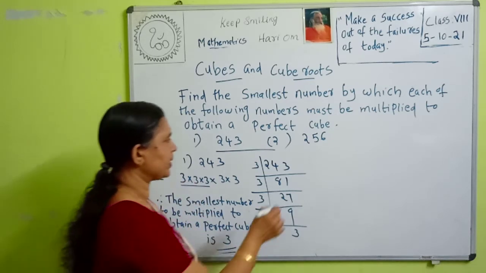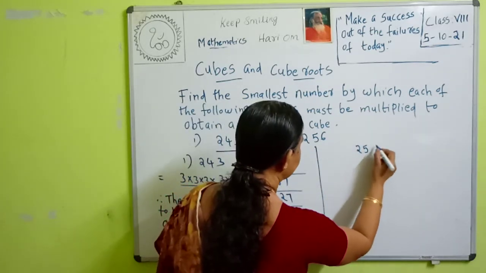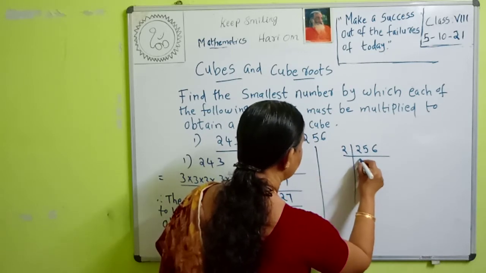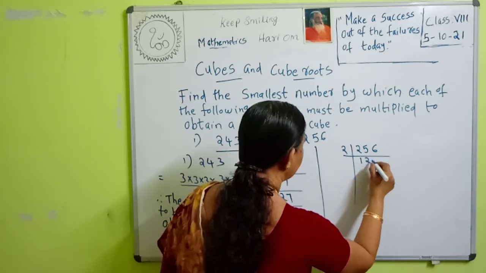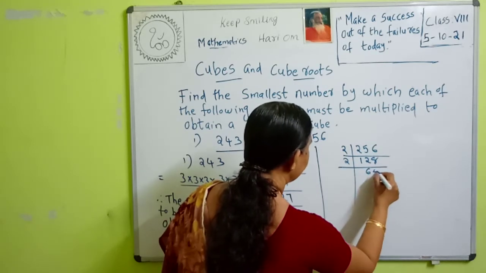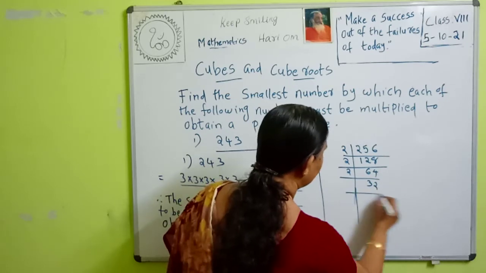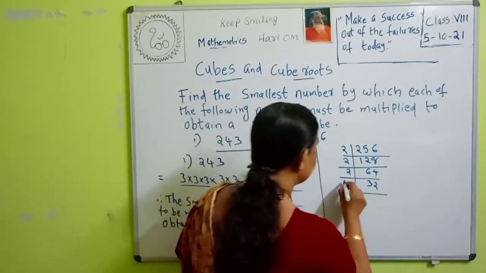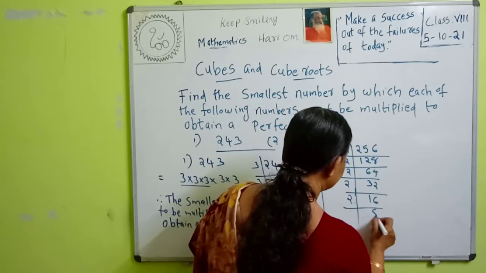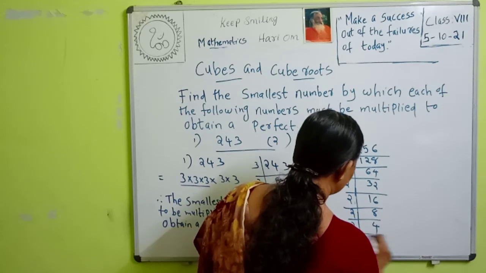Then we can do the second one, 256. First we can factorize it. Dividing by 2, we get 128, then 64, again 2, 32, again we can divide it by 2, that is 16, then also we can divide by 2, 8, then also 2, 4, then also 2, 2.